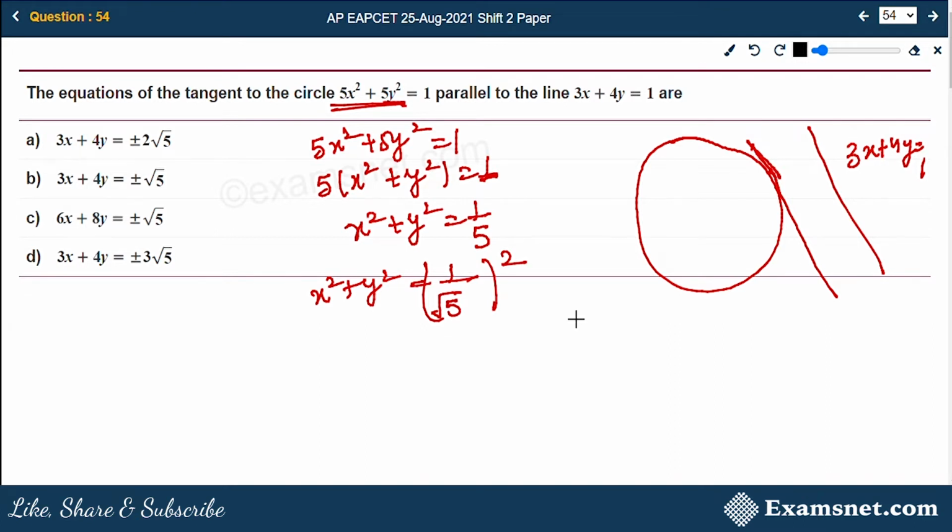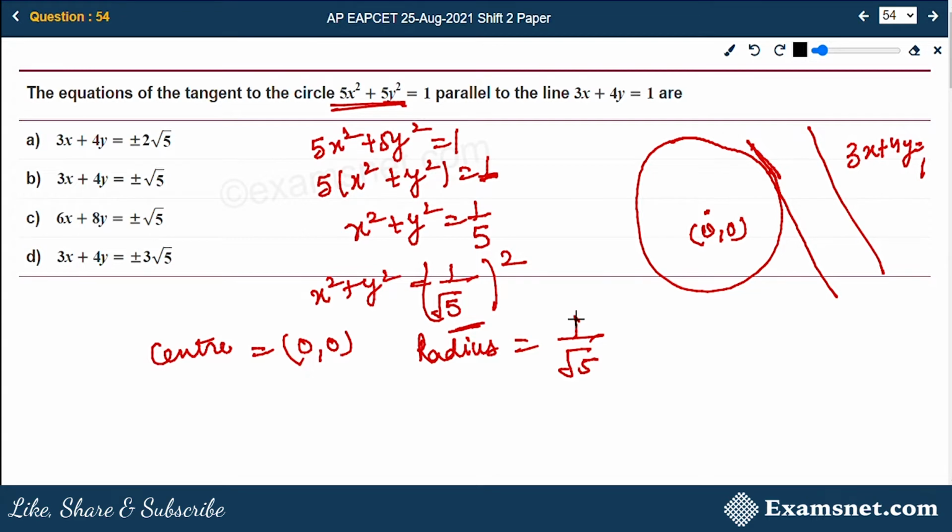In this case, what is the center? See clearly the center is (0, 0), and the radius is 1 by root 5. Okay, so this is the given radius, 1 by under root 5.